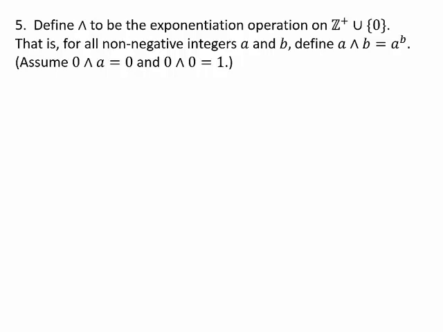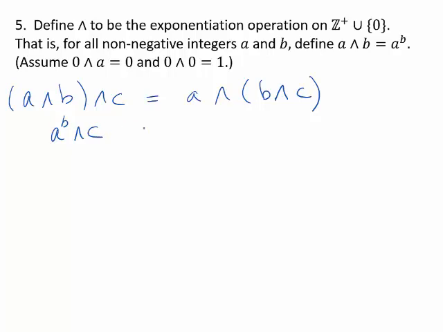So let's see if it's associative. We want to ask ourselves, is a caret b caret c equal to a caret b caret c? This is like what you have to do in class. Well, a caret b here, we know that's a to the b caret c, and this is a caret b to the c.